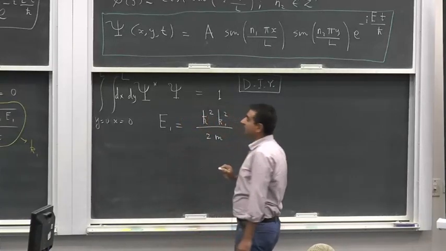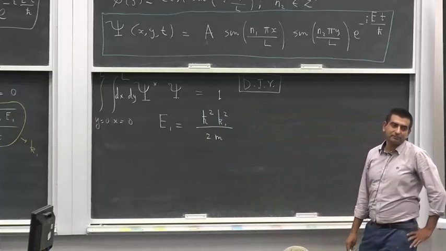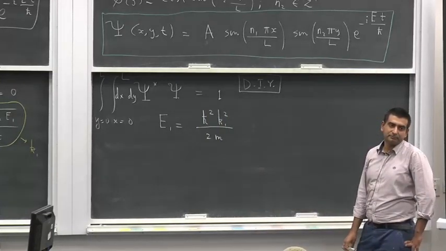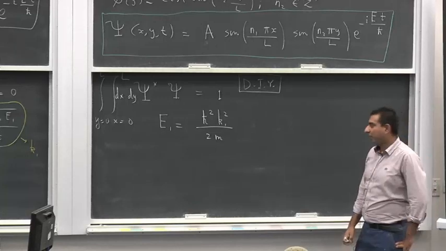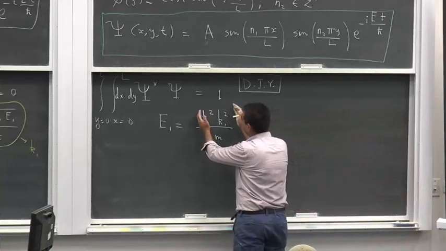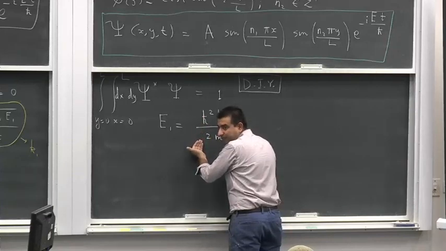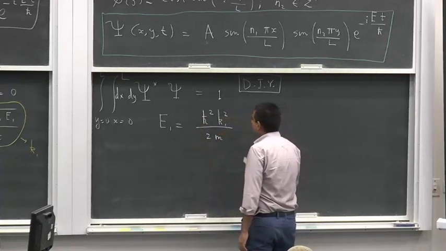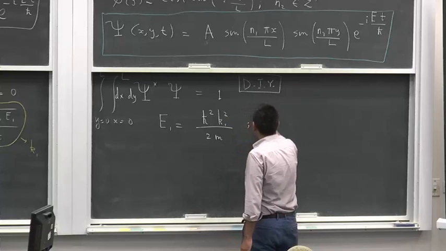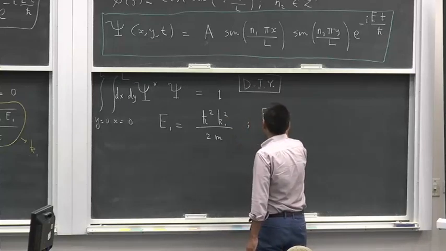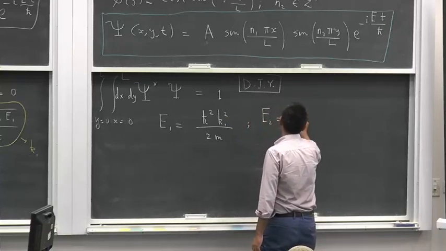This is my E1. In 1D, I have energy equal h bar square k square over 2m, which is p square over 2m. E2 equals h bar square k2 square over 2m.